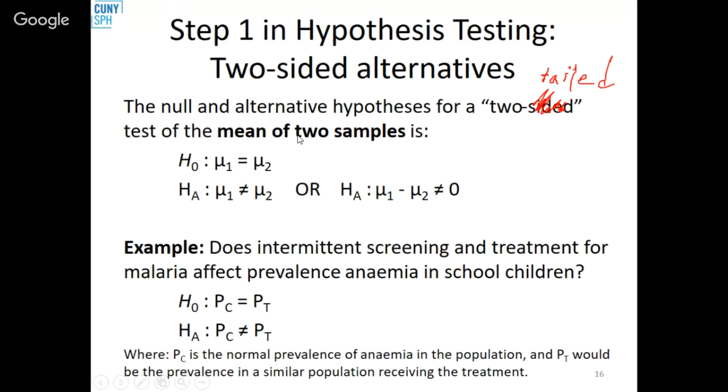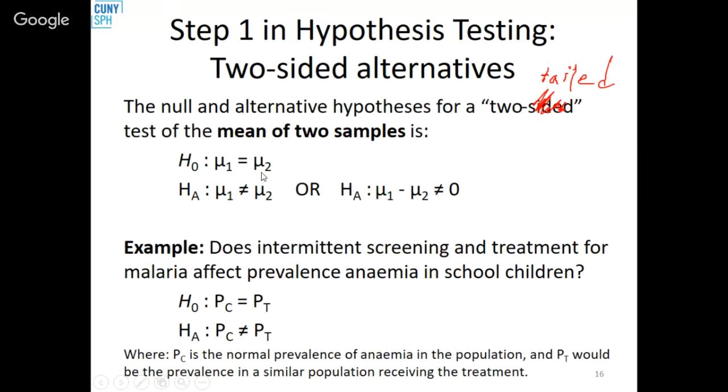If we are talking about a two-sample test where we have two samples instead of one, then the null hypothesis is that the means for those two populations are identical. And the alternative is that they are not identical, or that the difference between the two of them is not equal to 0.